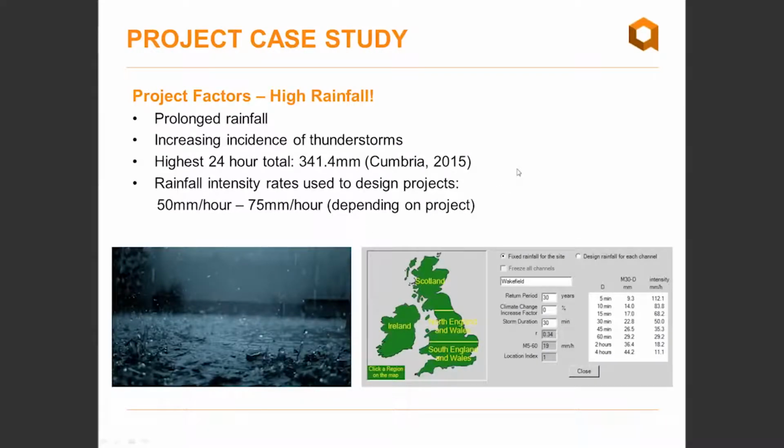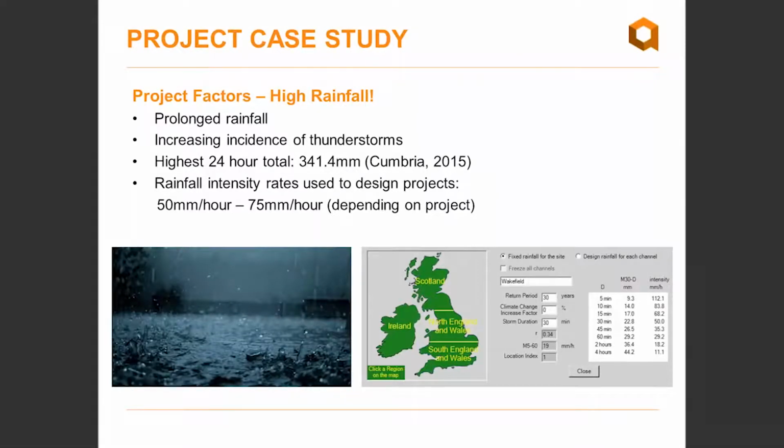In terms of project factors, probably the significant factor was prolonged rainfall, which we get a lot of in the UK. We're now having an increased incidence of thunderstorms. The highest rate of rainfall was recorded in Cumbria in 2015. Over a 24-hour period, we got 340 millimetres of rainfall.